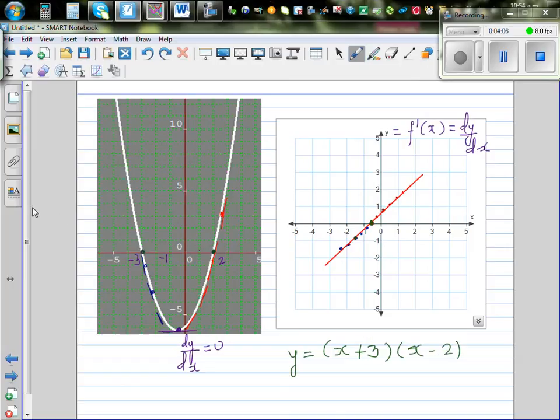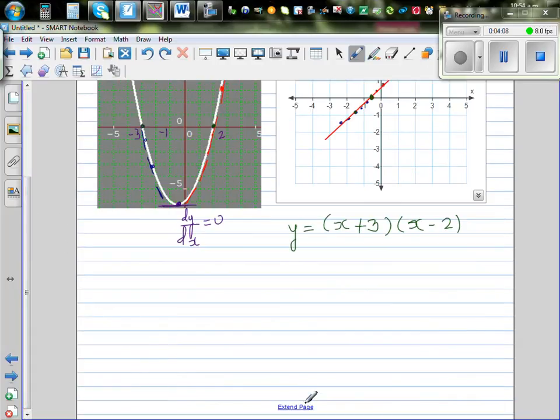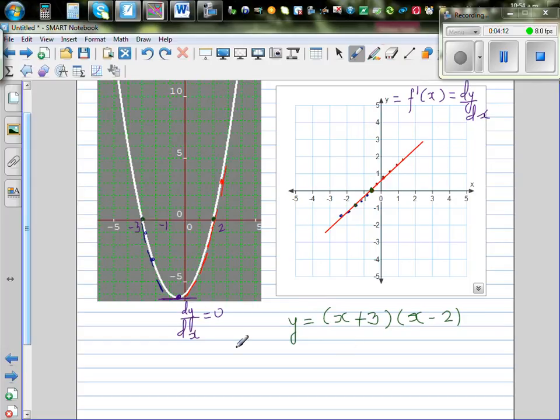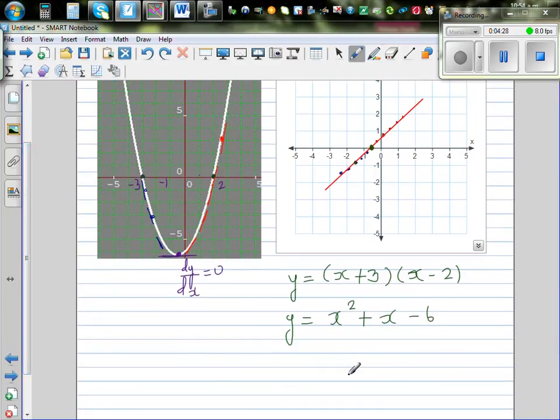If you have learned a little algebra, you should know that. If you know the x-intercepts, this can be the function; I'm not exact, but let's make an assumption. When you expand this, it is x squared plus 3x minus 2x, which is plus x, minus 6.